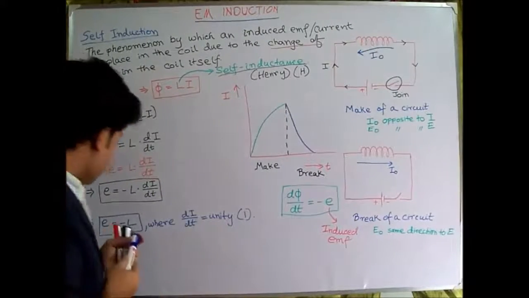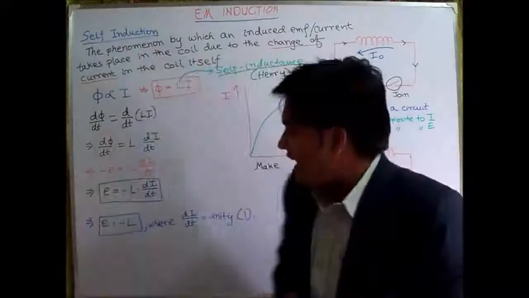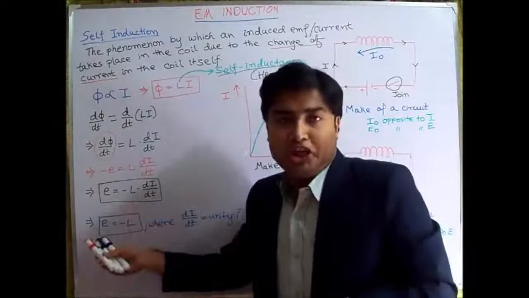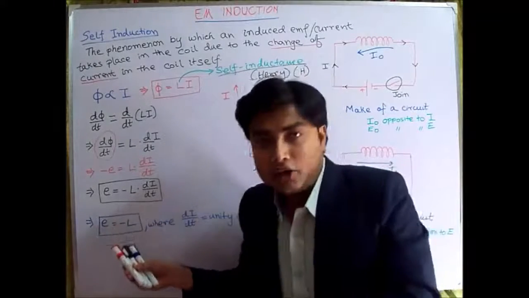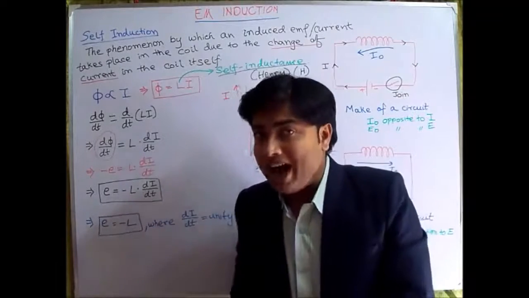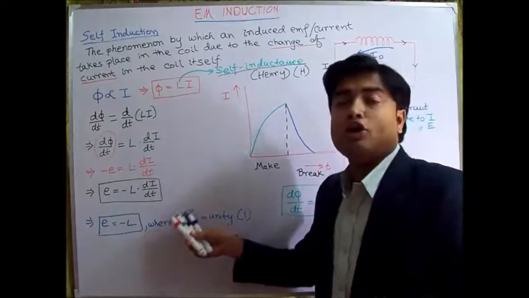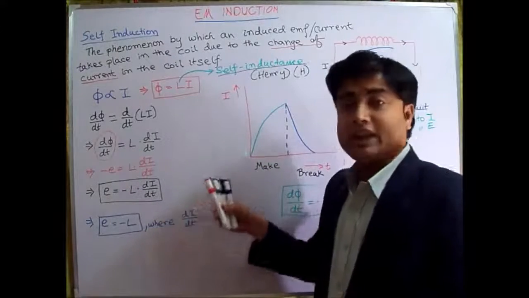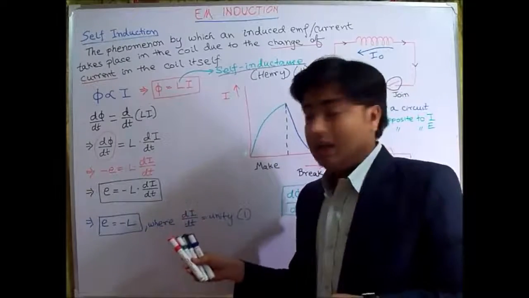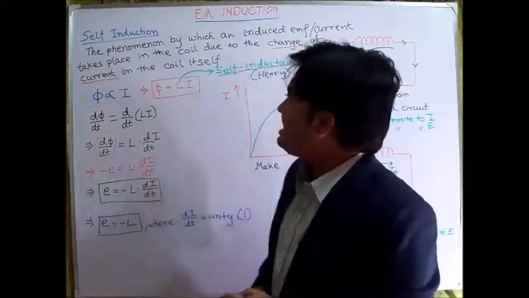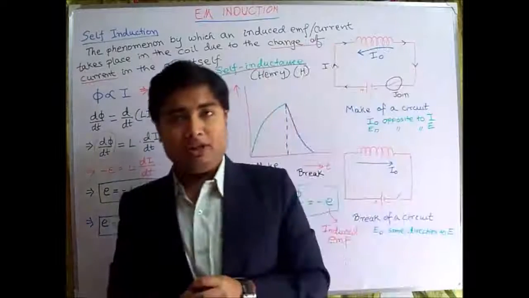So the self-inductance of a coil may be defined as the induced EMF of that coil when the rate of change of current with respect to time is unity. So this is about self-induction.